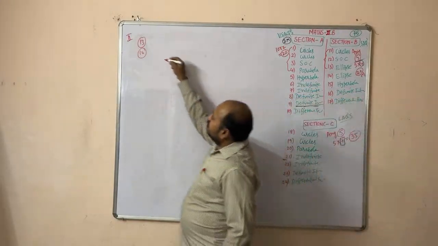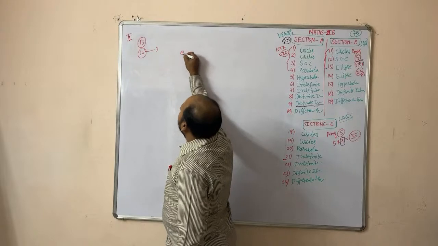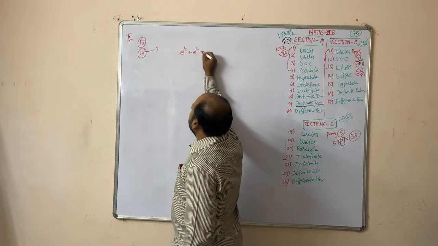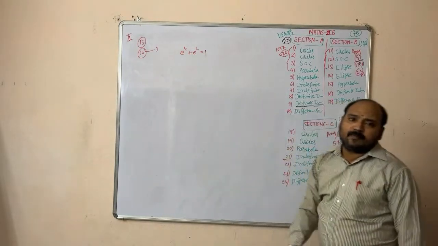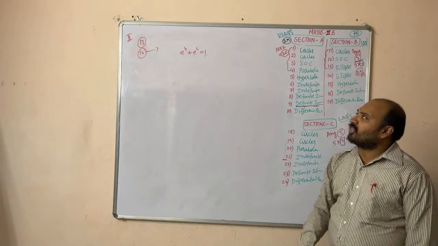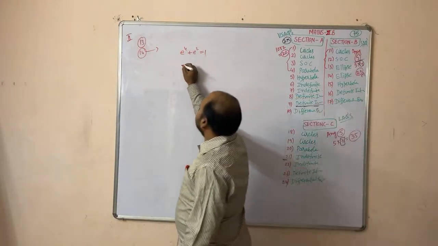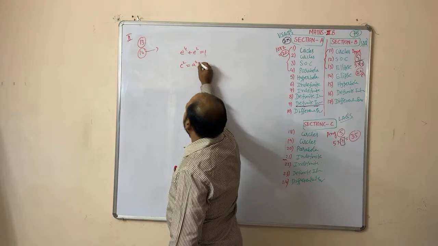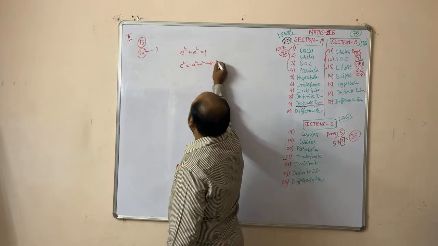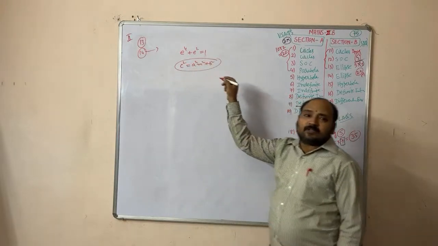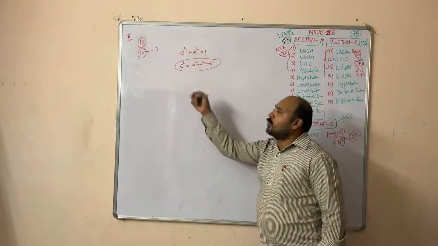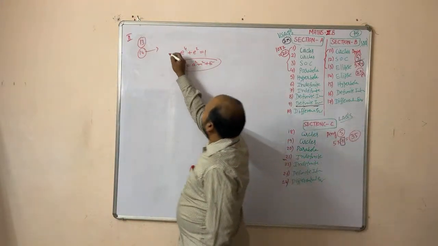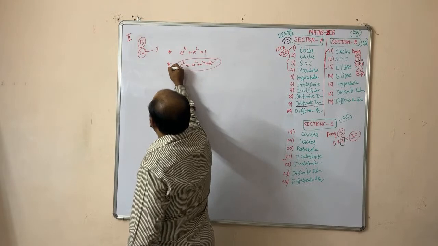Question number 14, the preference I am telling: e power 4 plus e square equal to 1, an example problem. Next, condition proof: x square is equal to a square m square plus b square, if the line y is equal to mx plus c is to be tangent to the ellipse, then prove that. All are important concepts.